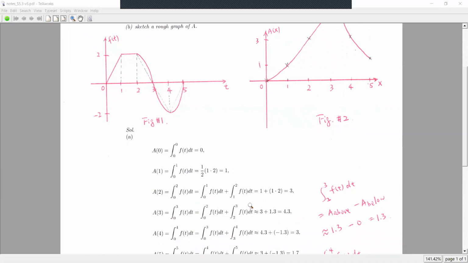Now, let me compute 2 to 3. It is the net area of the region between 2 and 3. It is this region. The boundary here is a curve.